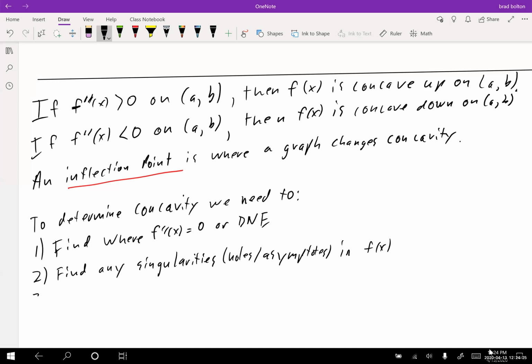And then we're going to create a sign chart.